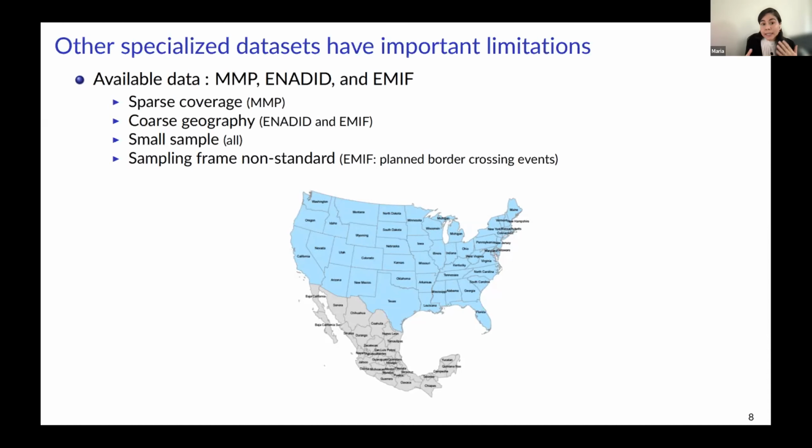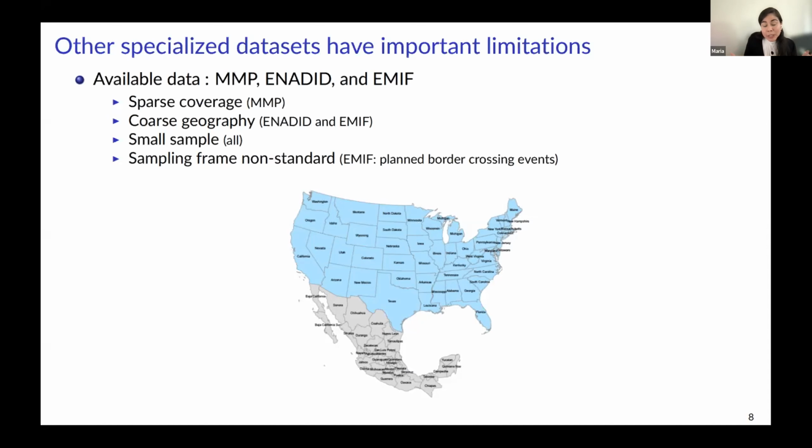The ENADID and EMIF, which are surveys from Mexico, provide information at the state level, both in Mexico and the US. All of them have a small sample size. And in the case of the EMIF, it provides information on the intended migration rather than the actual migration.